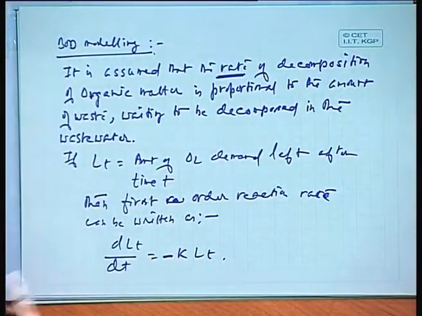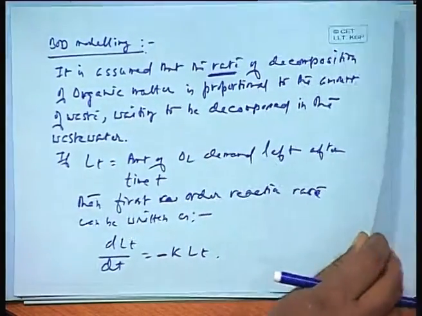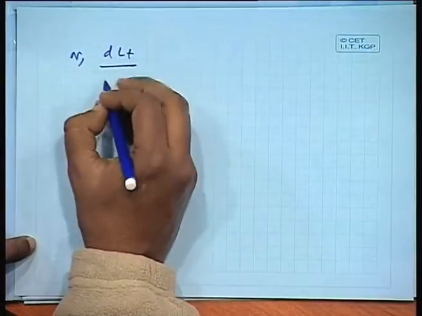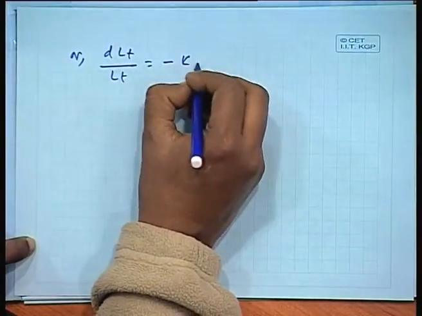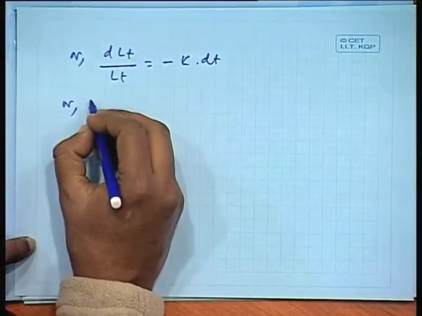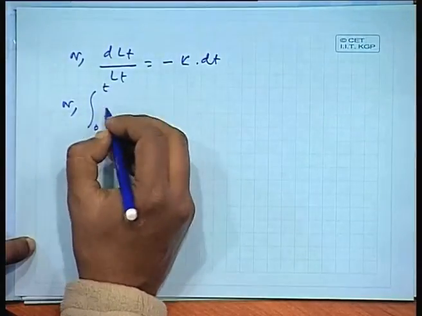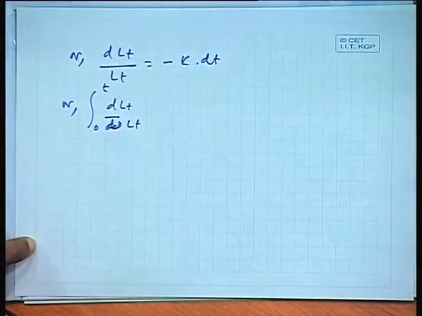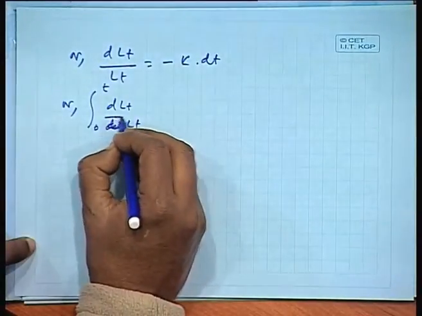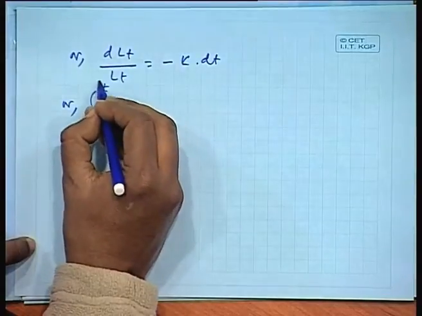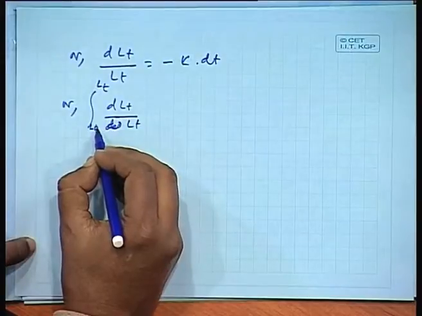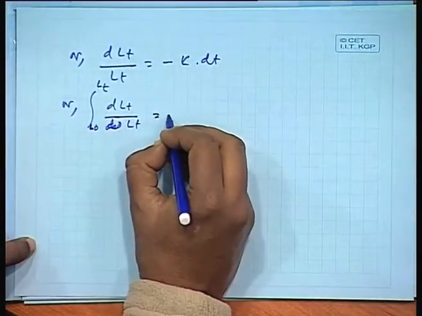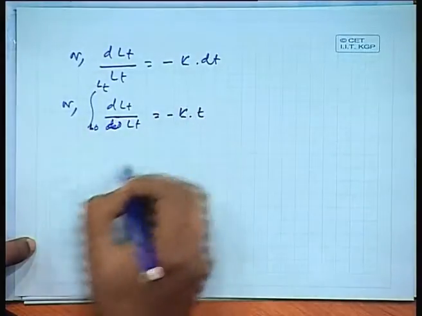As you can see here, e to the power minus kt. From this we can further go on to say dLt by Lt is basically k into dt. So on integration, from 0 to t, it would begin from L0 to Lt, when there is no demand, and this one is minus kt.